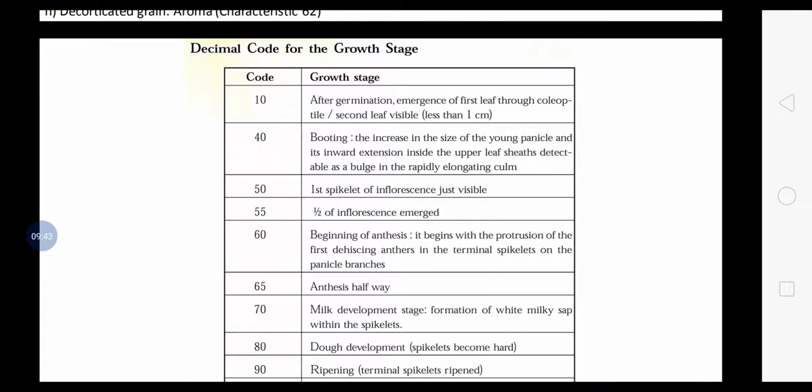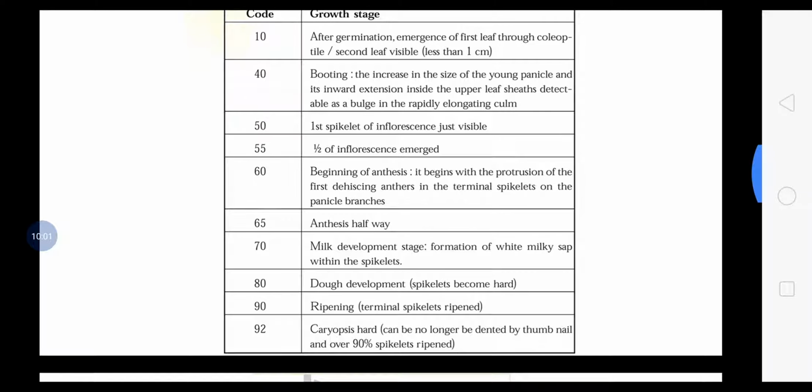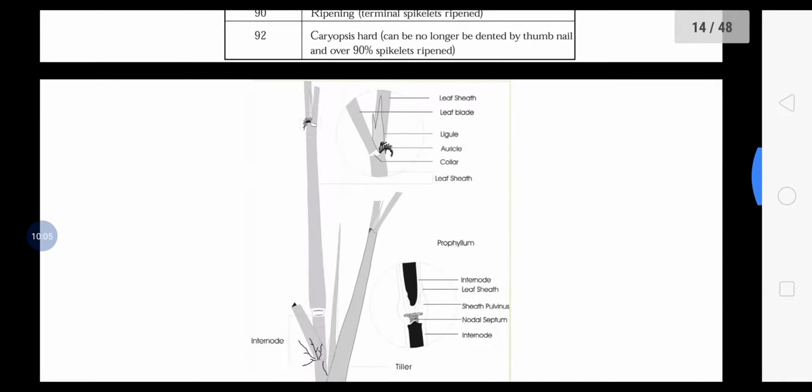It begins with the protrusion of the first dehiscent anthers in the terminal spikelets on the panicle branches. 65 is anthesis halfway. 70 is milk development stage, that is formation of white milky sap within the spikelets. 80 is dough development. 90 is ripening. 92 is caryopsis hard stage.